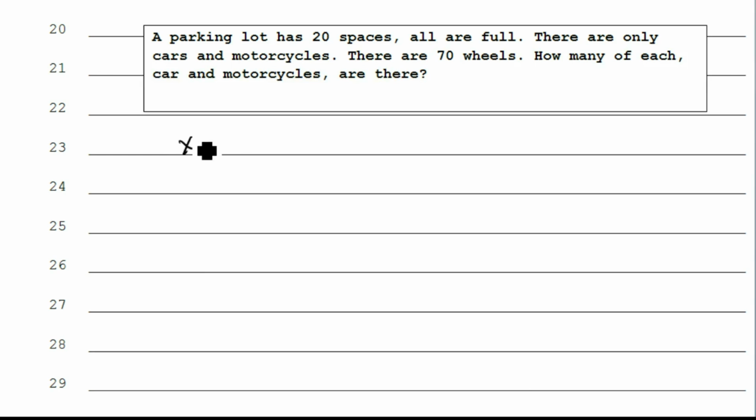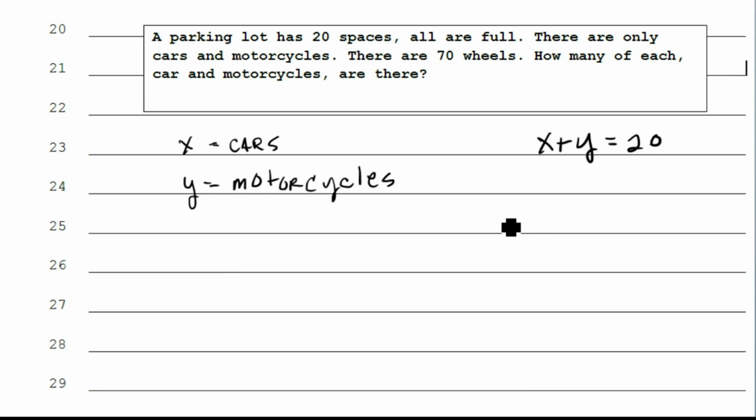So there's an X number of cars. Let X equal number of cars. And let Y equal number of motorcycles. You know, X plus Y has to equal 20. X plus Y equals 20. So there are 20 vehicles of one kind or another.